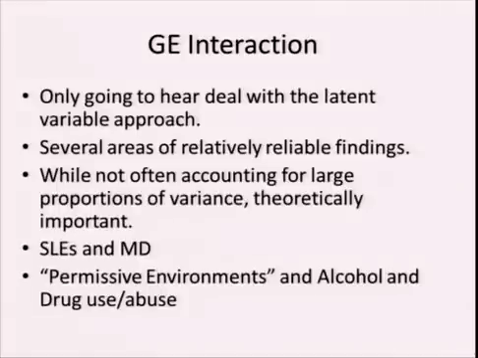GE interaction. This is sort of the oy vey kind of comment. I'm only going to deal here with a latent variable approach. There actually are some areas of reliable findings. Hopefully in a couple of days, when I have a little bit more time, we'll talk some about the single gene, the so-called Caspi phenomenon, but certainly not today. It doesn't often account for large proportions of variance, which, as Lindon and others pointed out, is what the quantitative literature is about.